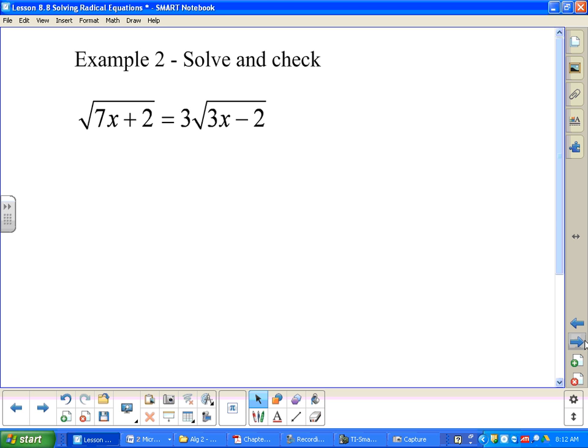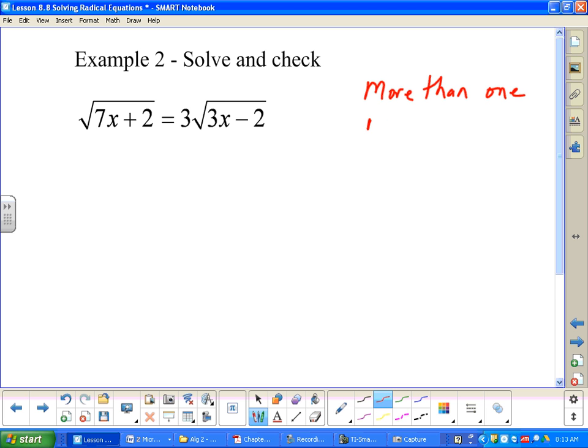All right, so let's look at ones that have a radical on both sides of the equal sign, or there's more than one radical, we'll say. If there's more than one radical, the first thing you want to do is make sure they're on opposite sides of the equal sign.